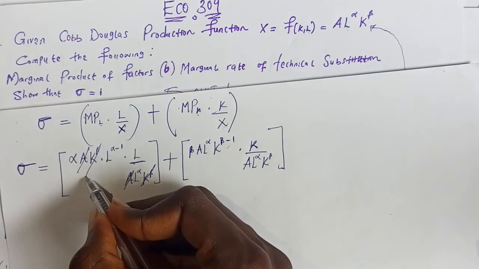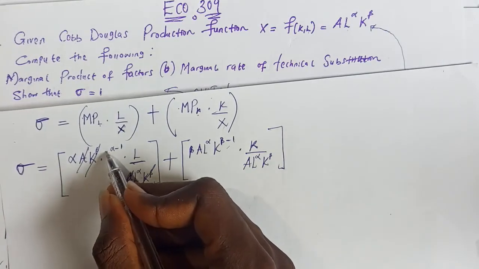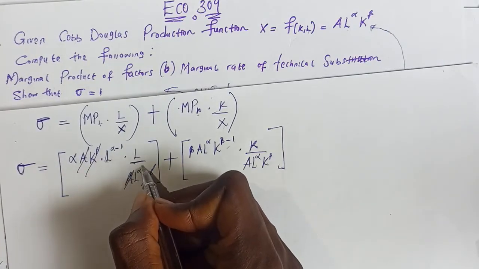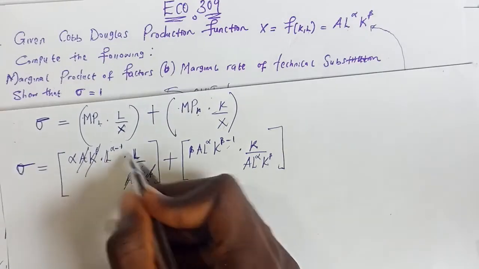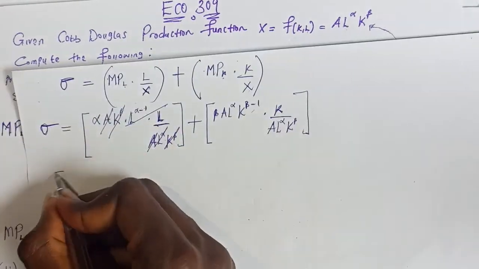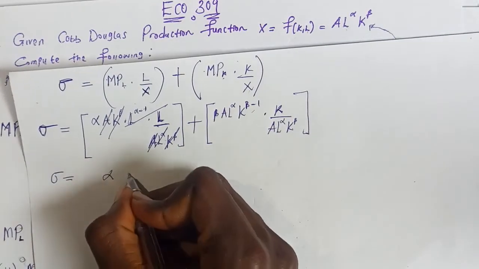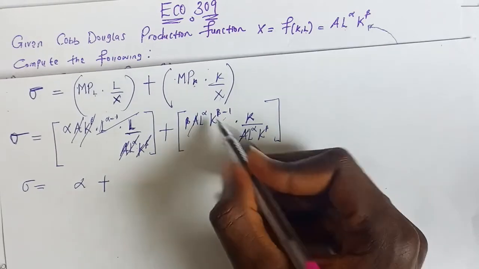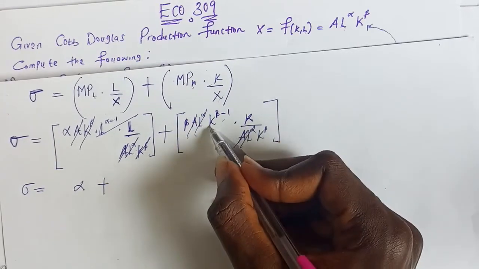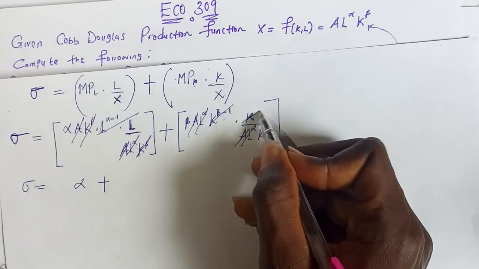By the time we notice this, we cancel this, and at the same time K to the power of beta cancels K to the power of beta. Then L alpha minus 1 times L, that is L alpha, which cancels this. Whatever I have left now is just alpha. Then plus, I also notice that A cancels, L alpha cancels L alpha, K beta minus 1 times K is K beta over this.